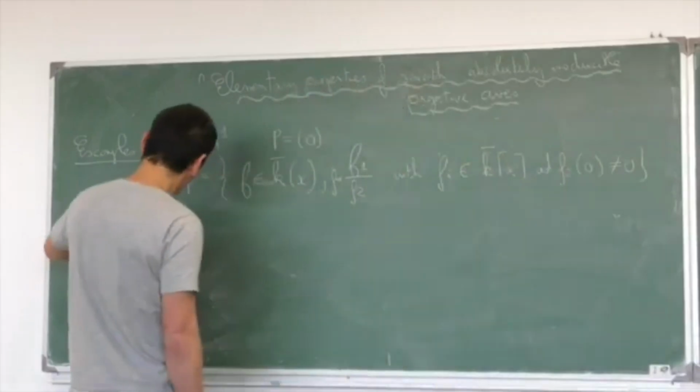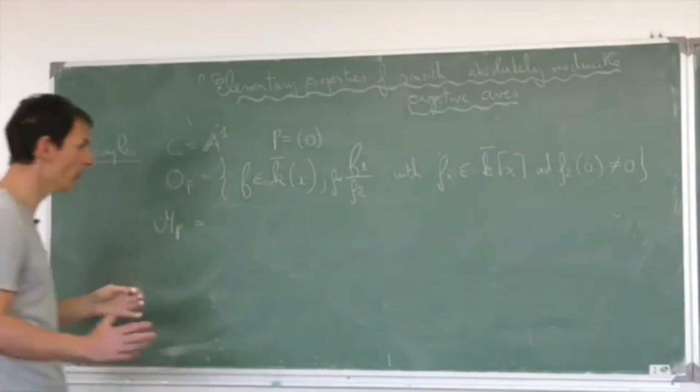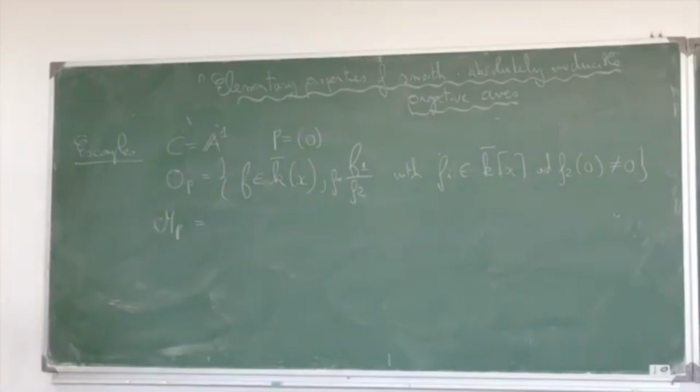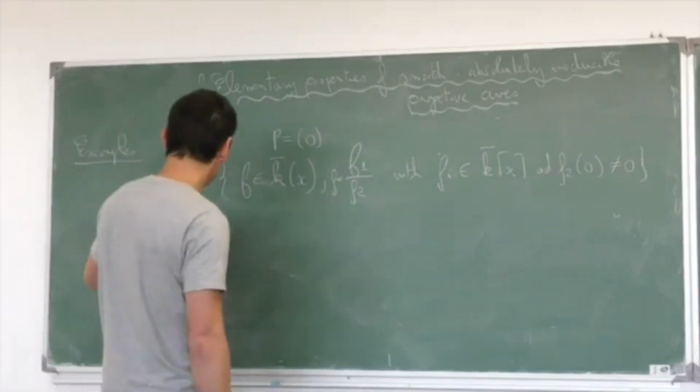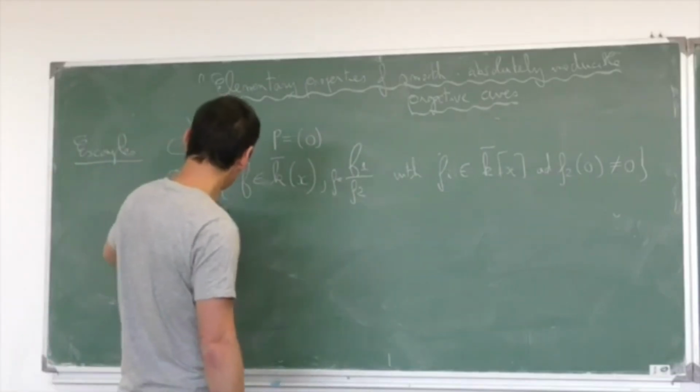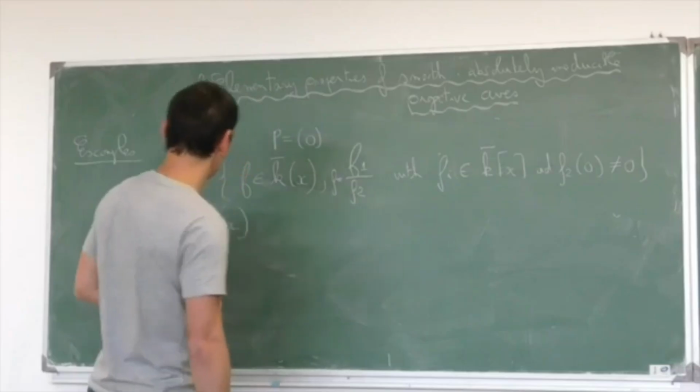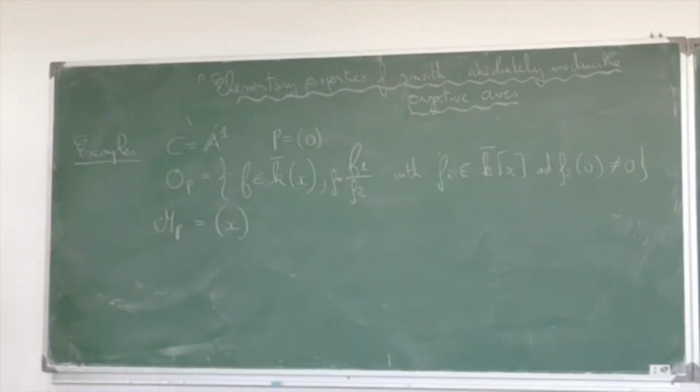And it's even easier to describe NP, because for NP you want everything which is going to be 0 at your point P. And this is obviously the ideal which is generated by X.